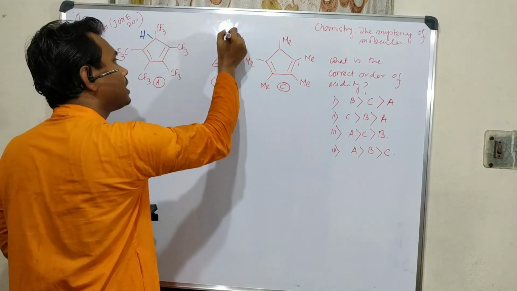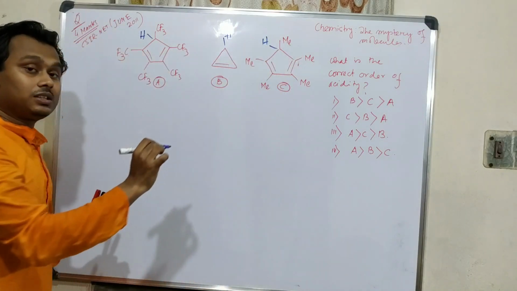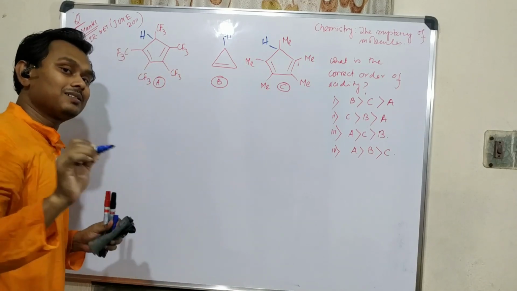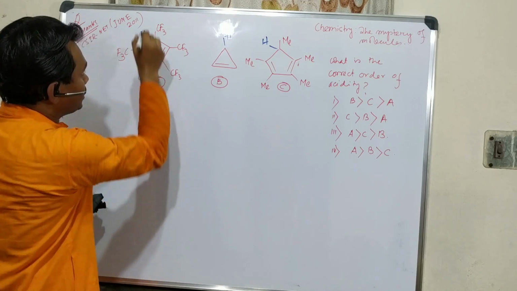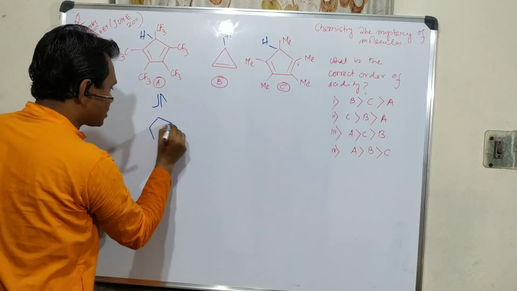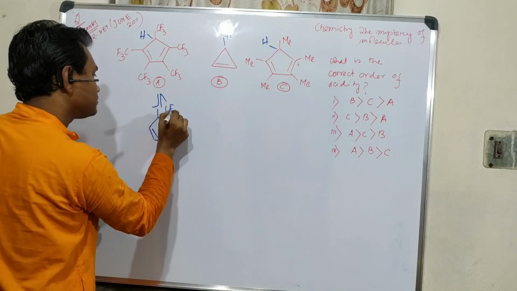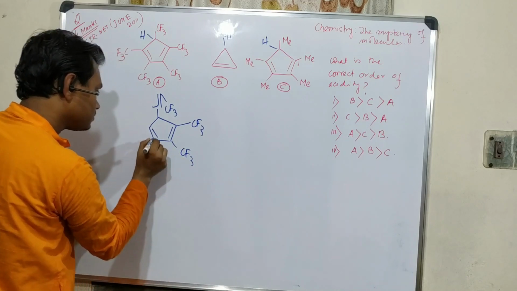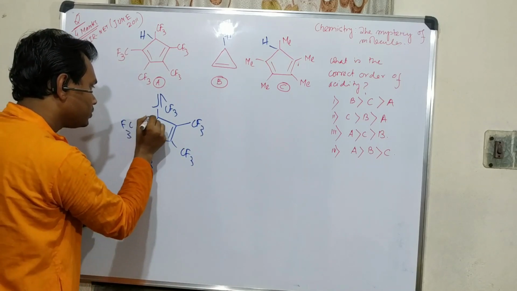First, proton abstraction will happen from here, here and here. Other options are there, but that's not possible, energetically unfavorable. That's why we will check this. So, if it loses a proton, the structure will be (5CF3) with a minus charge.